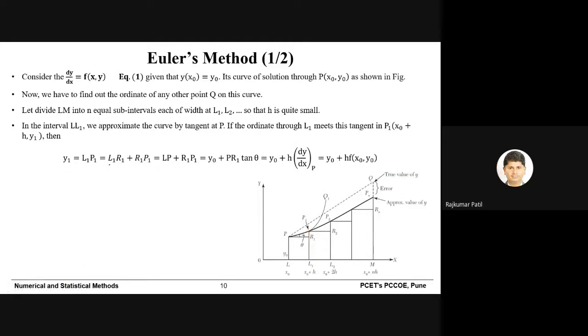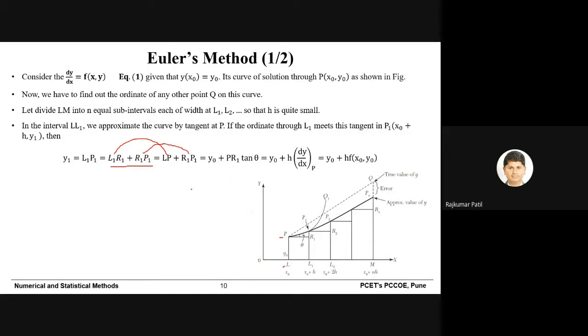So we are expressing L1P1 as L1R1 plus R1P1. But this L1R1 is nothing but LP. You can see in the figure that the lengths of L1R1 and LP are equal. From mathematics we can easily guess, and that's why we are replacing L1R1 by LP, and R1P1 as it is.